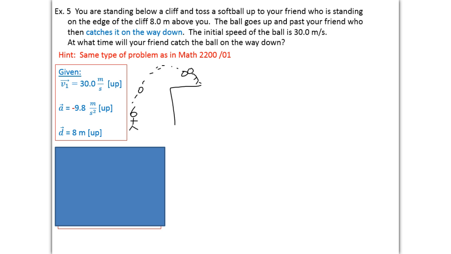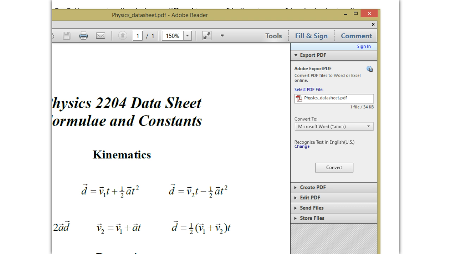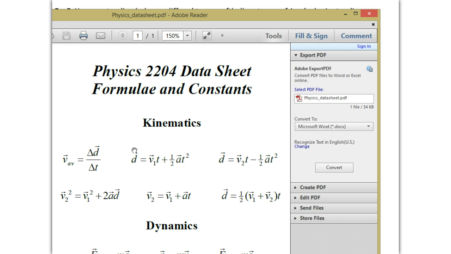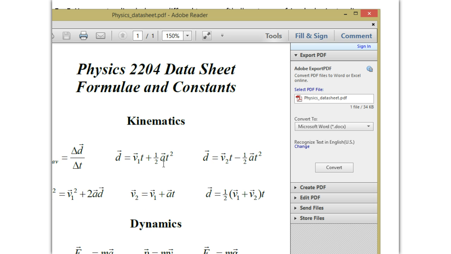If I look here at the kinematics formulas, you have distance, you have acceleration, you know the velocity, and you need time. So you can pick out your kinematic formula, right there, the middle one.